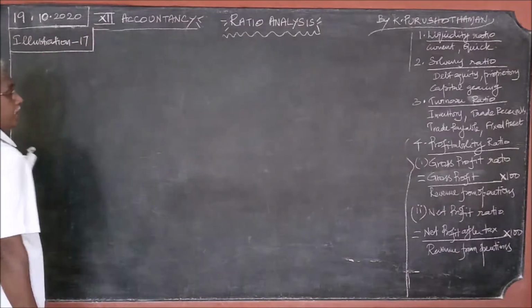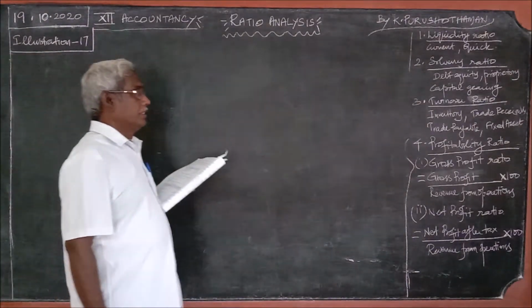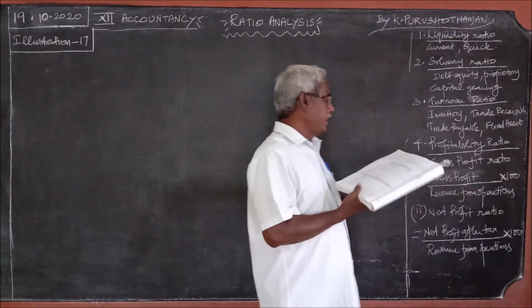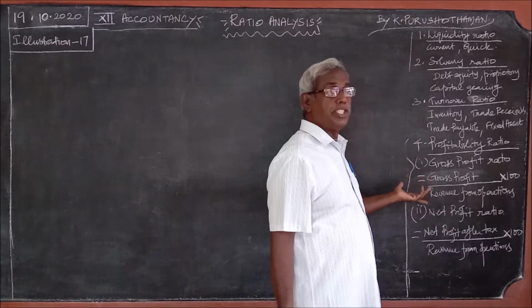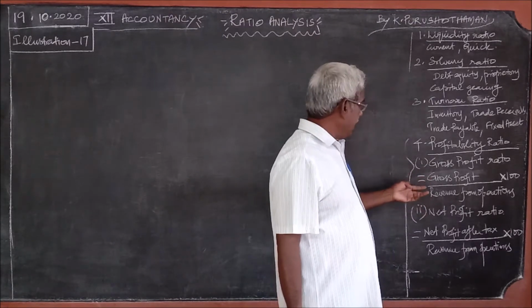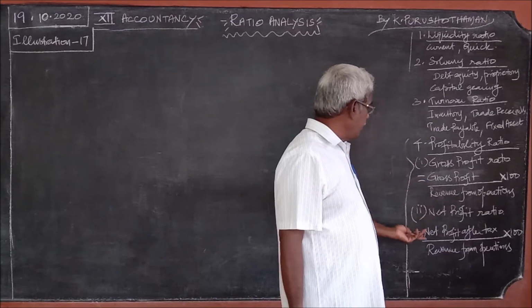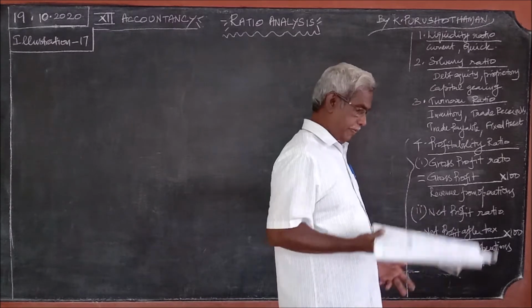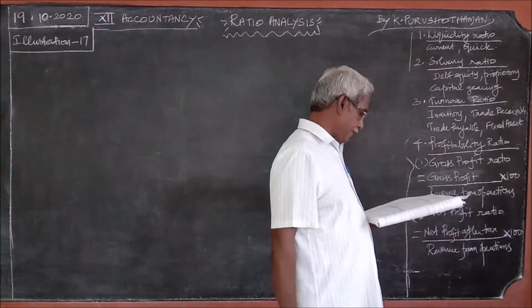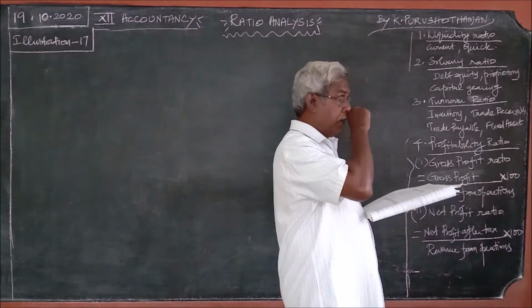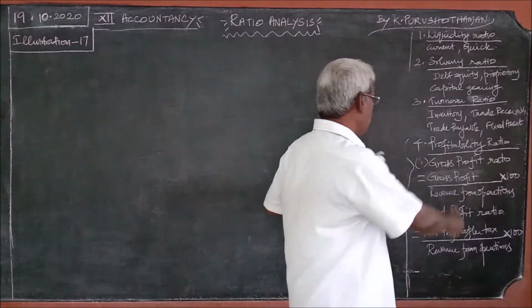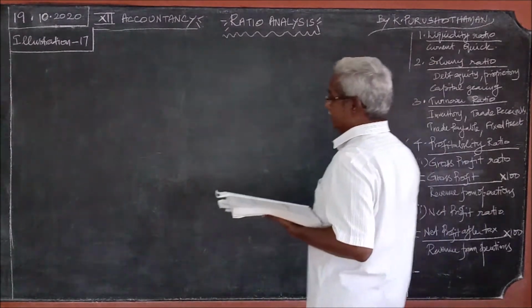What is given in illustration 17? We have seen in other illustrations and the exercise problem separately what is gross profit ratio and what is net profit ratio. But in illustration 17 and exercise problem number 17, both are given combinedly.